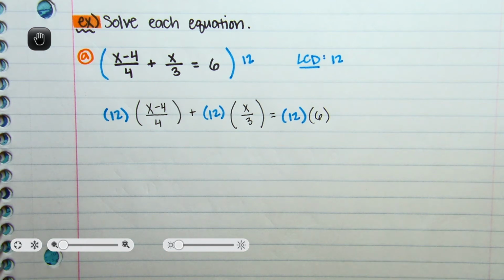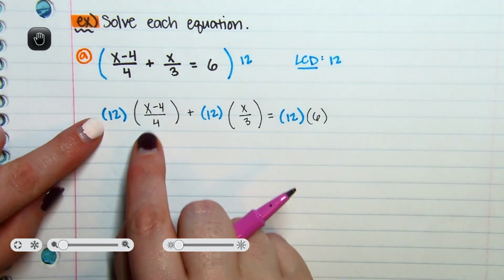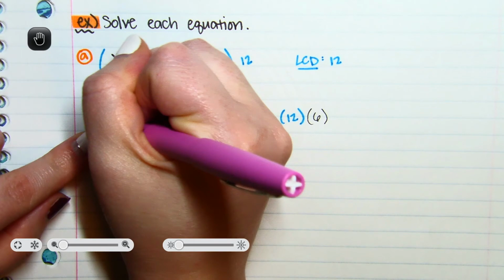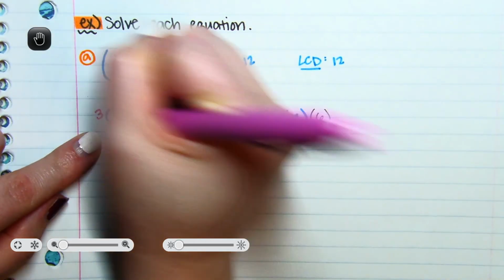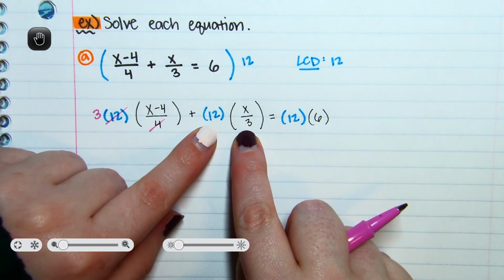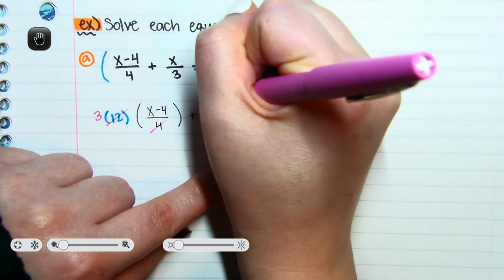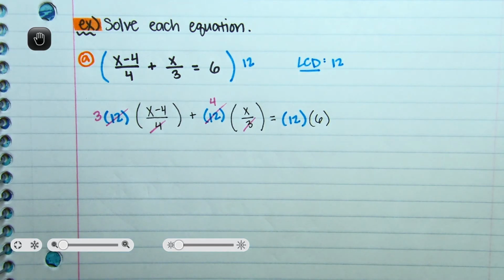I just want to show you this in the notes so you understand exactly what I'm doing and why stuff gets canceled out. So for the first one, 12 times my denominator of 4, that's going to simplify to 3. And then 12 divided by 3 is going to simplify to 4. So my fractions are going to get canceled out.